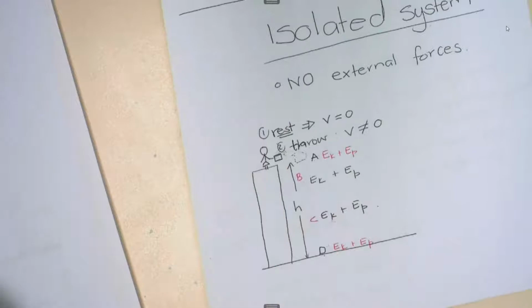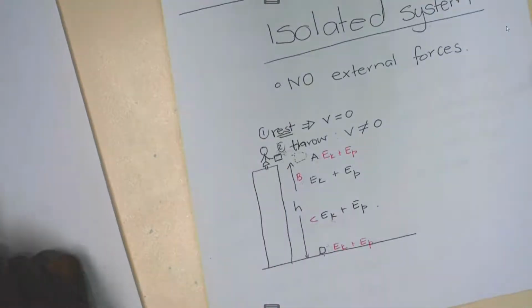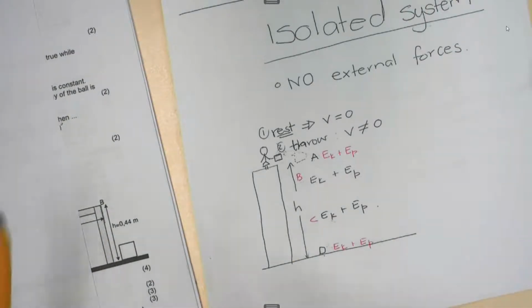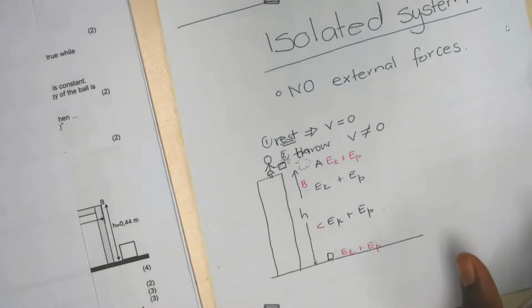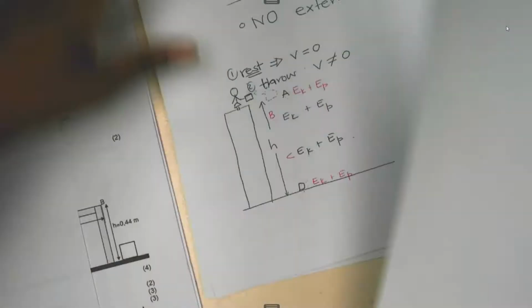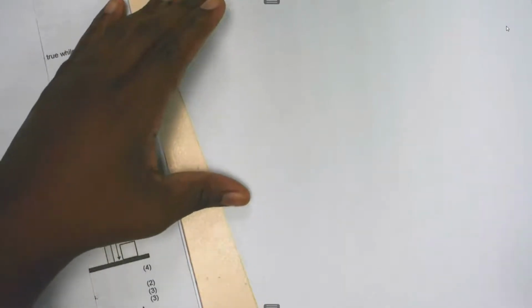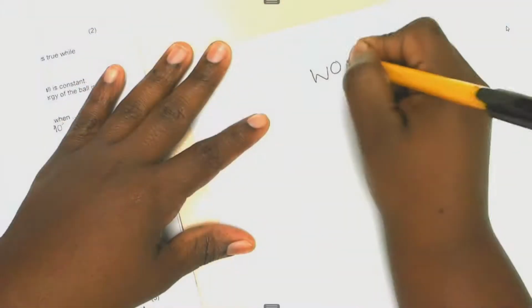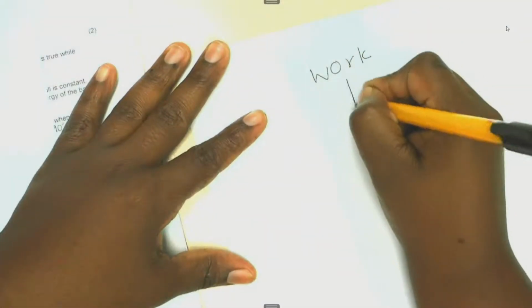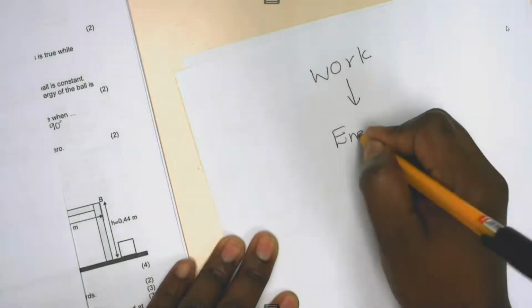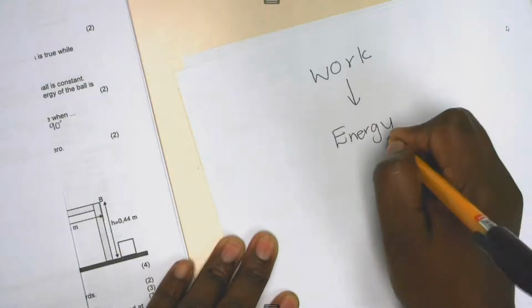I think so that we can do the calculations for power and energy all at once, let me just try and link this. We started here. We said when work is done, energy is transferred.